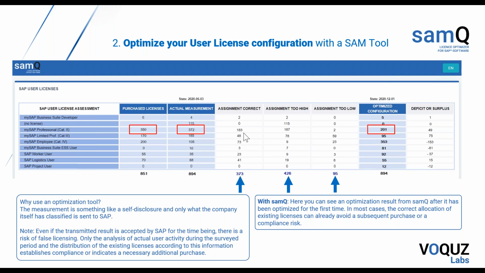So 183 people have actually been assigned the correct license type. On the other hand, you have 187 persons who have been assigned a too high, so too expensive license type. This is something that you need to see because those people need to be corrected.